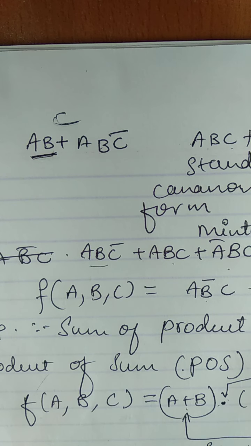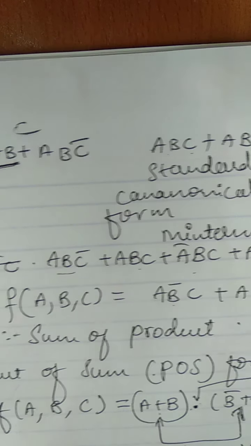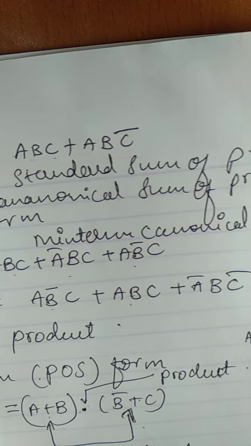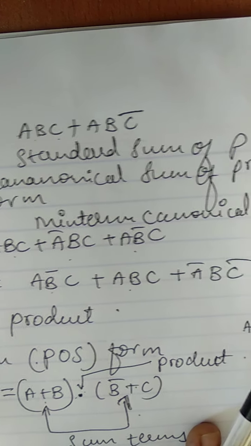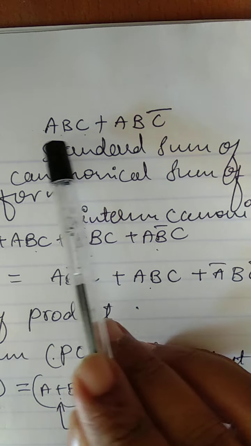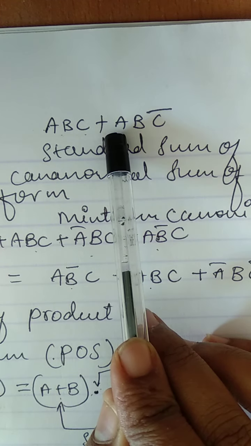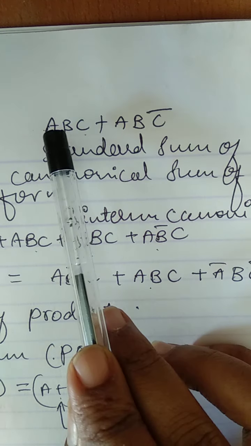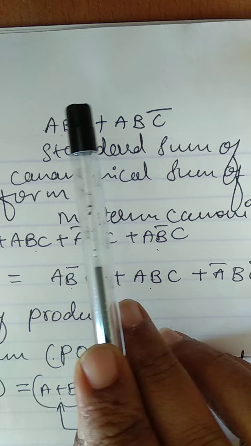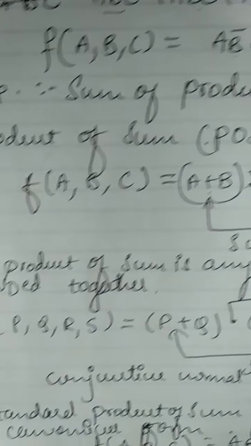If each sum of product term contains all the literals, then it is known as standard canonical form, or standard sum of product canonical form. It is also known as min-term canonical form. It means all the literals are present in the expression, either complemented or uncomplemented.